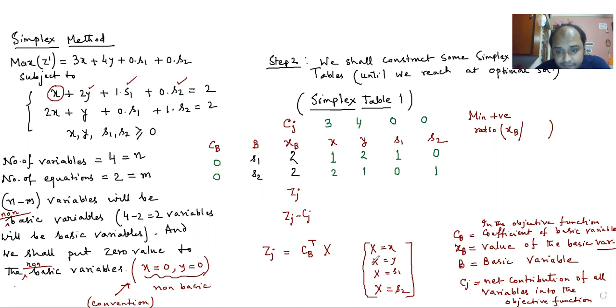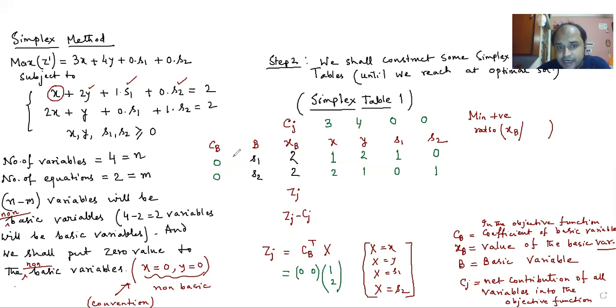And if I consider X equal to x, meaning this column, I'm showing one of the calculations to you. CB transpose is fixed. If this is the column matrix, we can write it in the form of row matrix 0, 0. And X is taking the value small x, it is a column vector. So I'm multiplying this by the column matrix 1, 2.